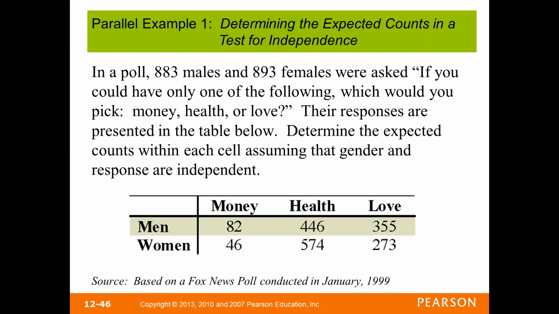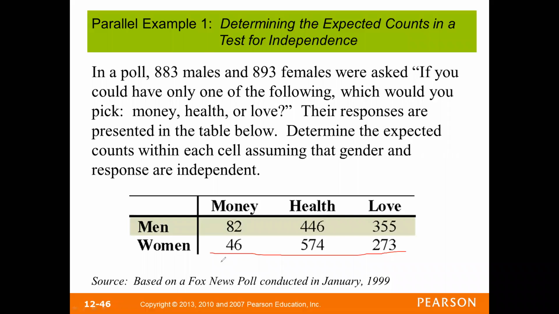For example, in a poll of 883 males and 893 females, they were asked, if you could only have one of the following, which would you pick? Money, health, or love? Their responses are presented in the table below. Let's determine the expected counts within each cell, assuming that gender and response are independent of each other. Well, first of all, note that I can come up with a total row here.